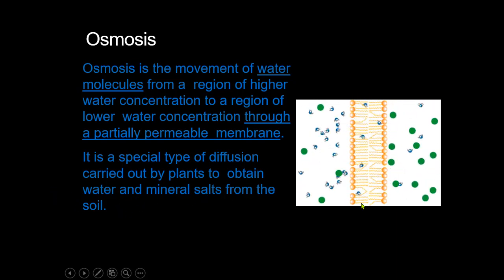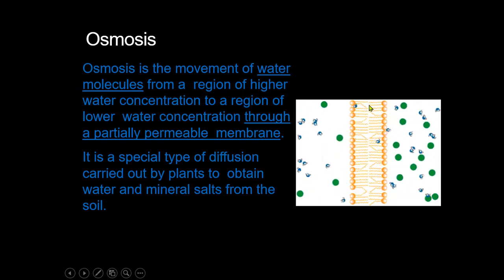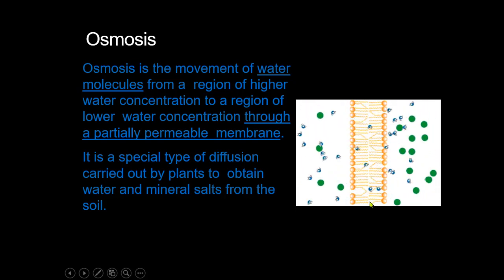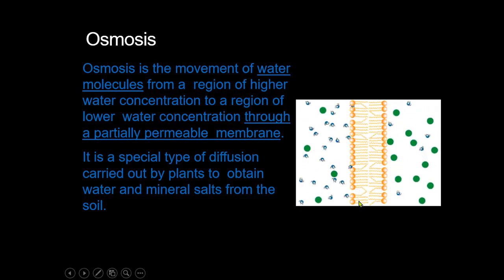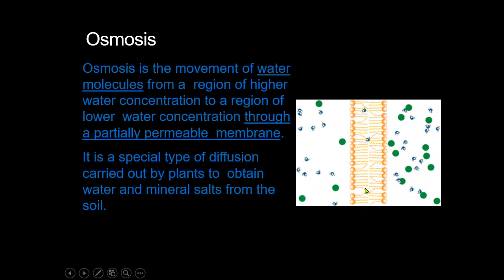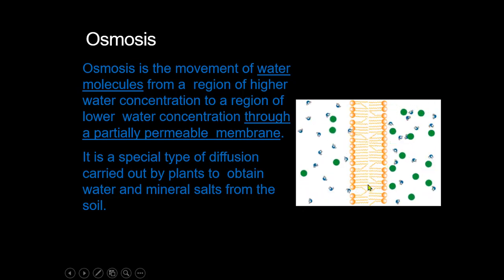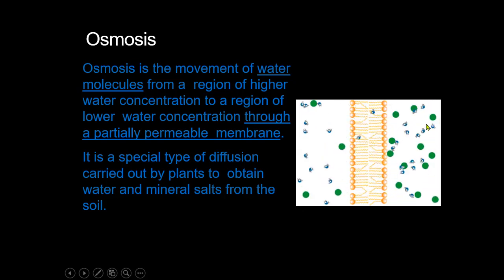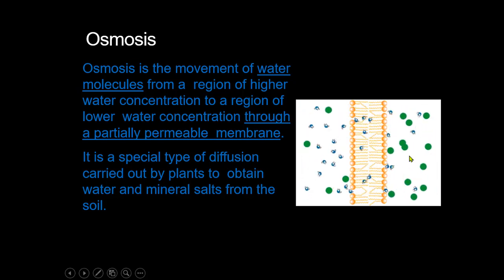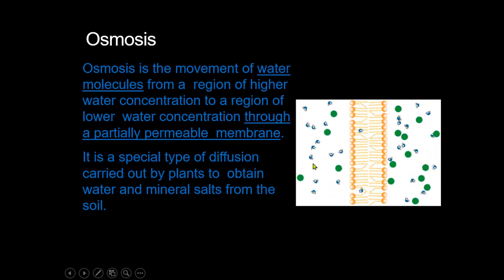So let's say, for example, this is our semi-permeable membrane. Semi-permeable means that only some things can pass through it. Say, for example, we have a root. A root can have a membrane such as this, and inside the root will represent this side, and outside the root will represent this side.